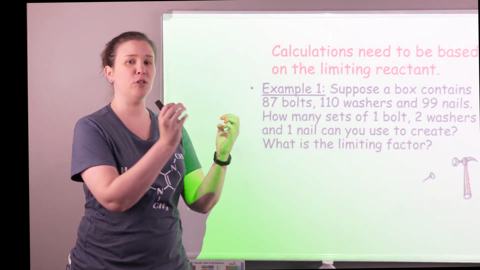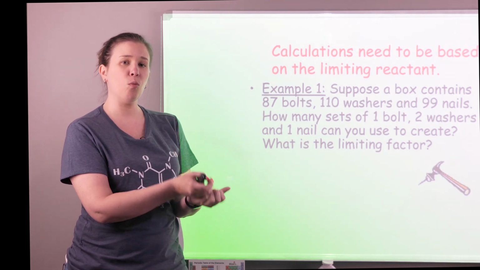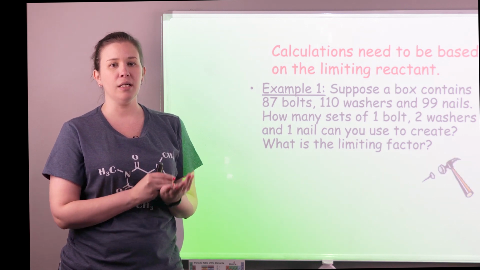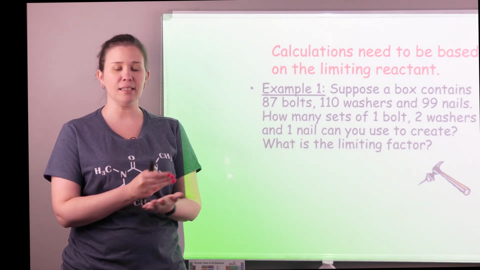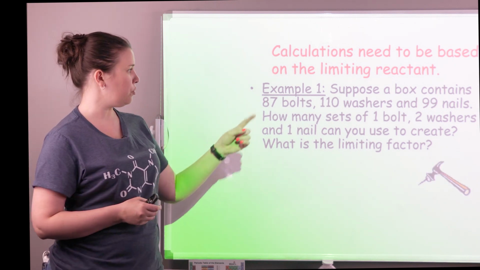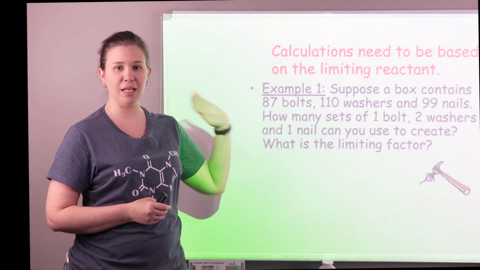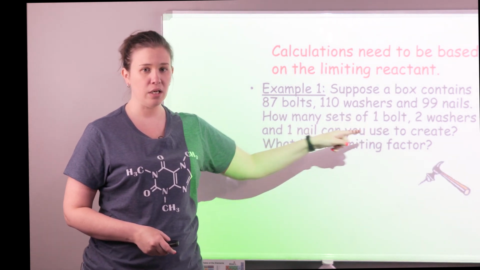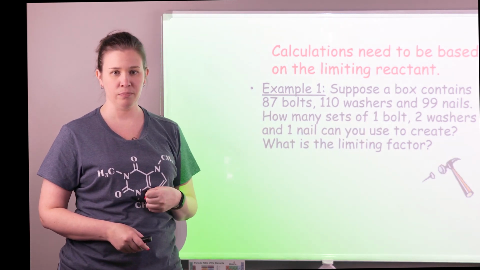Now the question is, how much product can I make? And then what's going to limit me from being able to make more product? So the idea here is that you would consider each reactant individually as if it were the limiting reactant. So for example, if I have 87 bolts and unlimited washers and nails, since I only need 1 bolt, I could make 87 kits.